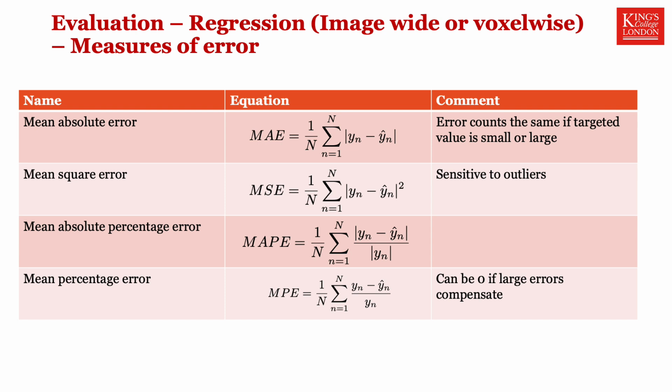So you need to take that into account, and so that's what the mean absolute percentage error is doing. In comparison, mean percentage error is just, again, percentage of error, but dropping the absolute value.